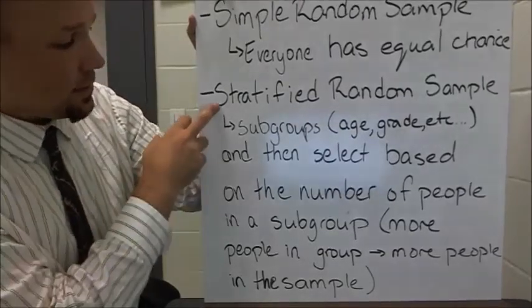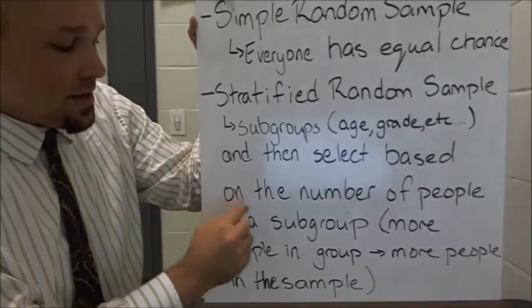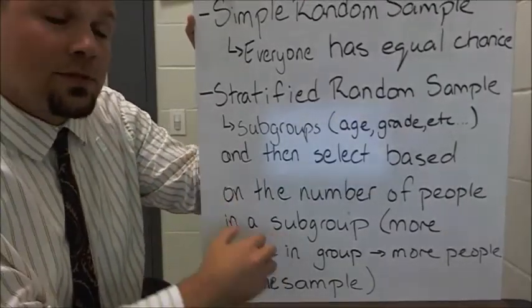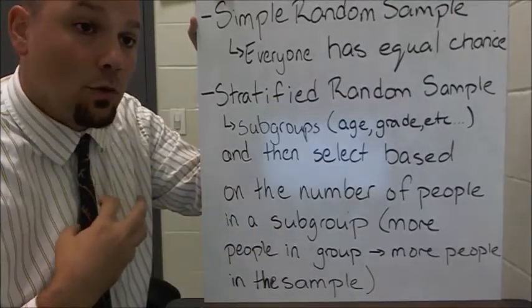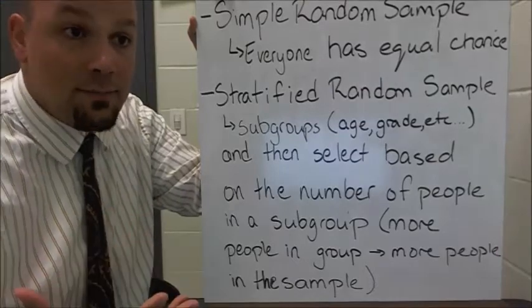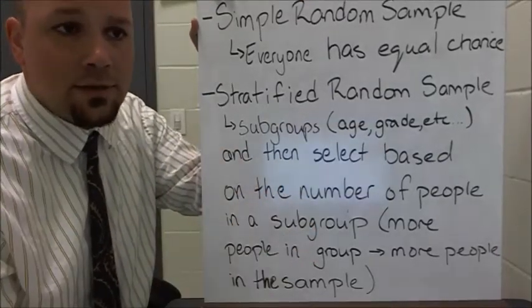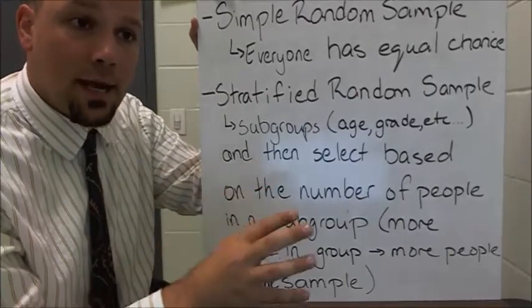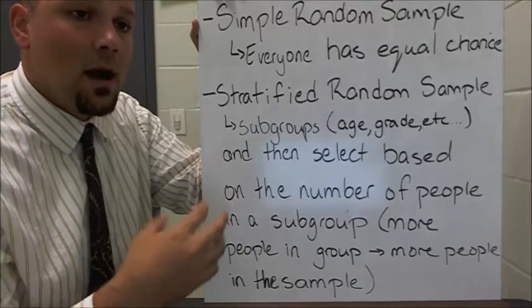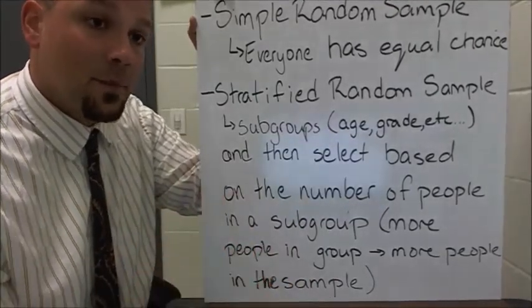The nice thing about stratified random sampling is that it's based on the number of people in the subgroup. If there are more people in a subgroup, then I have to randomly choose more people from that subgroup. So if we have a lot of grade 9s and not a lot of grade 10s or 11s, then I have to randomly choose a lot of grade 9s. This way, a bigger part of the population is represented.